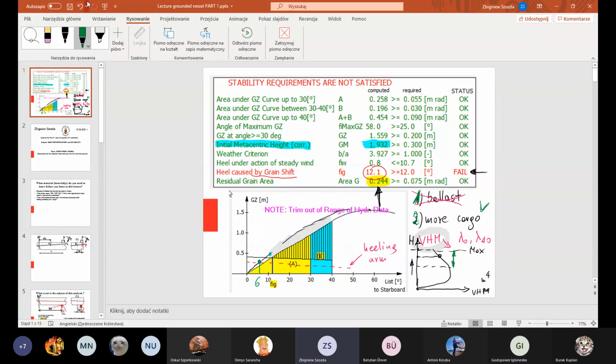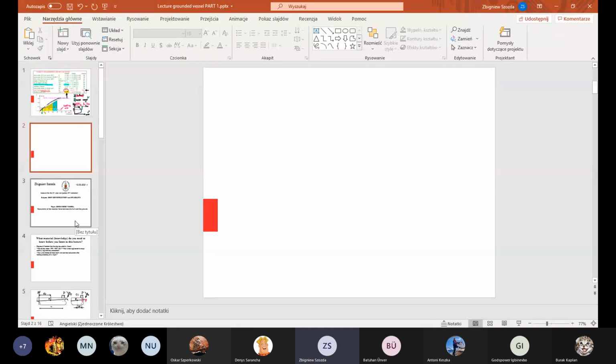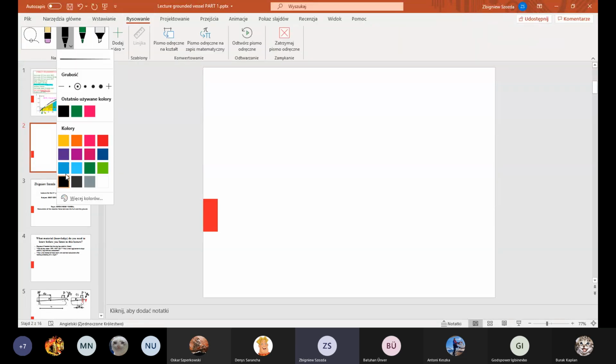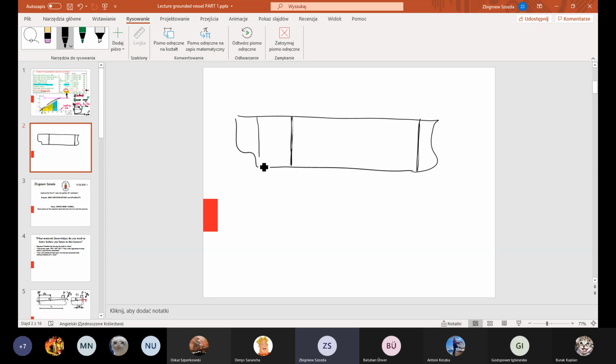So I need an additional slide. Click. I will try to show you how I see the case. Here we have our ship. Here is the aft bulkhead and fore bulkhead of our hold.